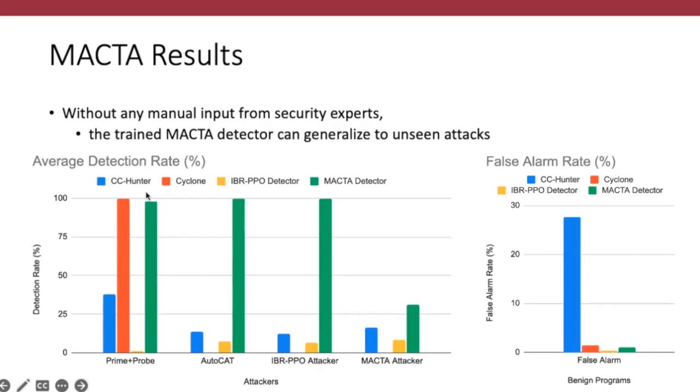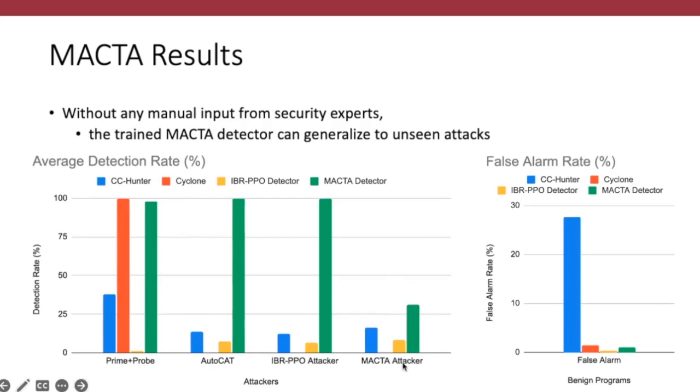The green bar here is the MACTA detector, which is our detector with the multi-agent approach. We find that our detector can generalize to unknown or unseen attackers, while other approaches like CC-Hunter or Cyclone, which are detectors in prior work, cannot generalize to new RL-based attackers.